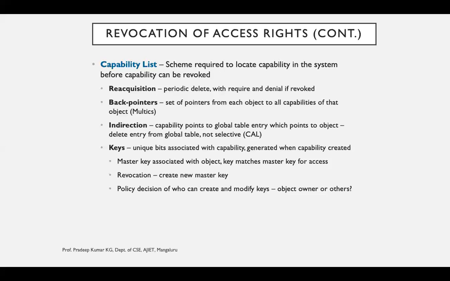The operating system by default will create all those keys for all the objects. On the other hand, you may give somebody else the authority. Somebody else, in the sense, may be a different application, so that that particular application may control all the rest. So that is the policy decision.